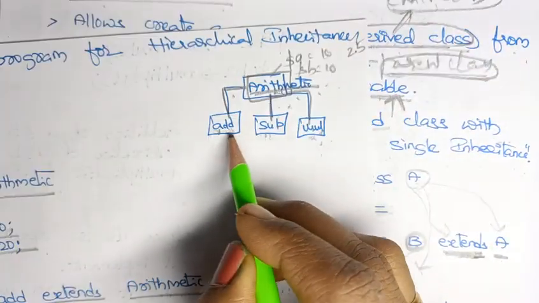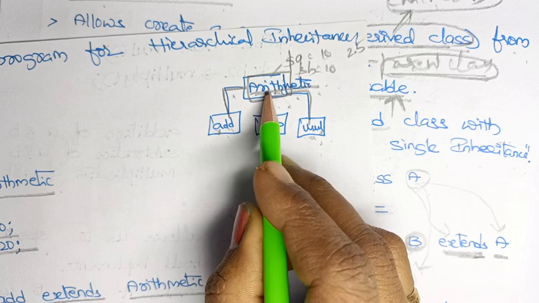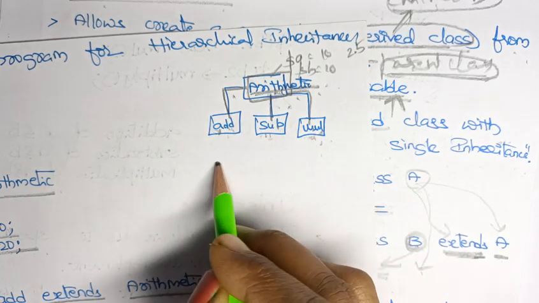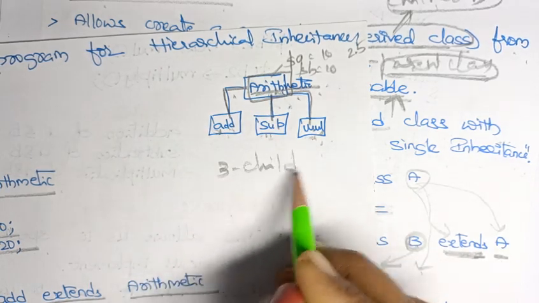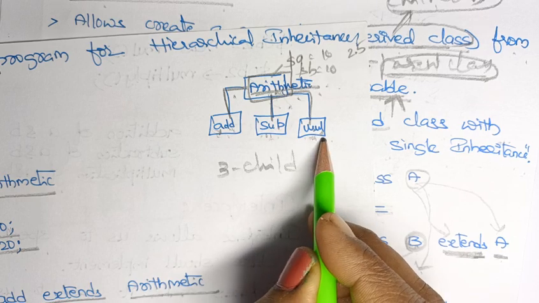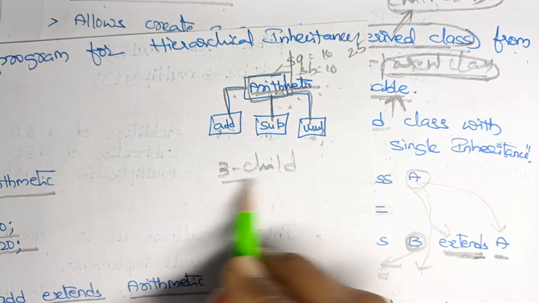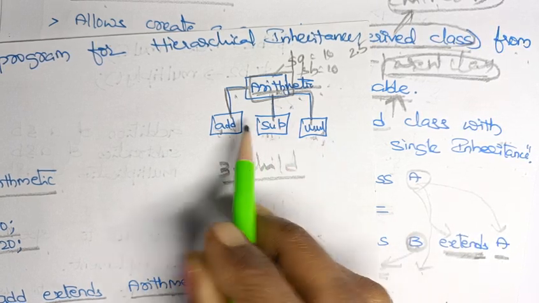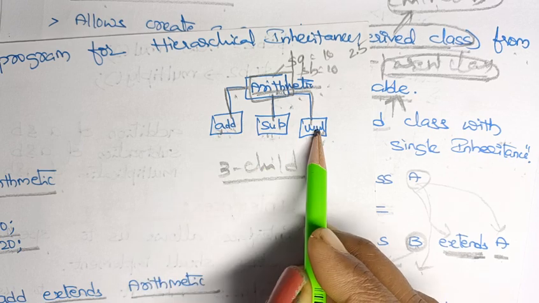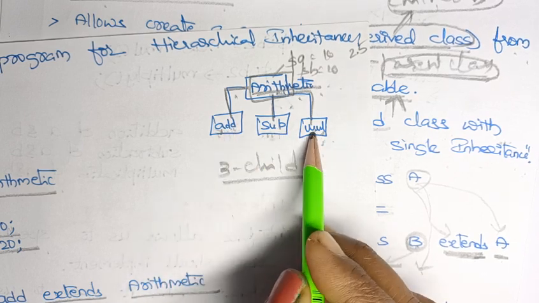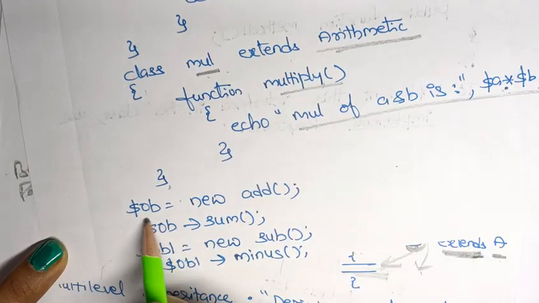So now how many children are there for this arithmetic? 3 children are there. So for each child you need to create an object. We create an object for the child only. So we are having the 3 children. For these 3 children you need to create the object.